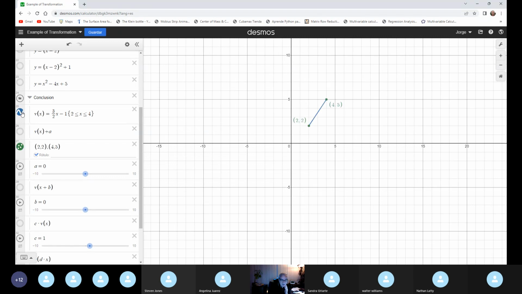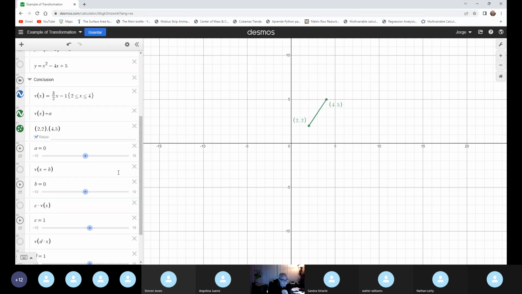This is a segment. If, for example, I copy this transformation here, the original is blue. The points are green, but now the new one is A. I'm moving A.